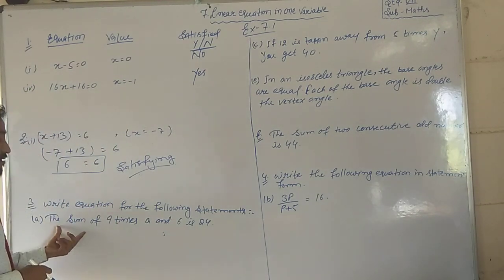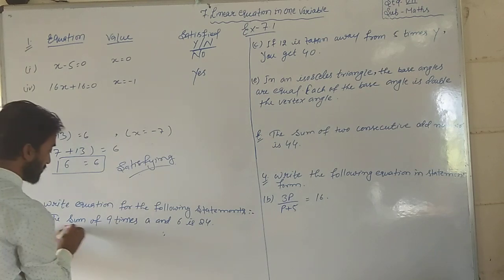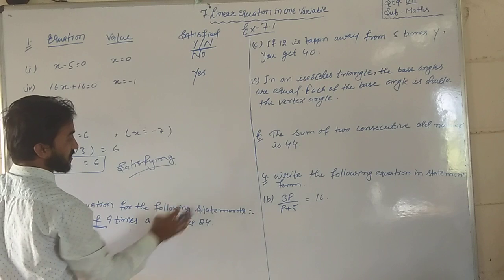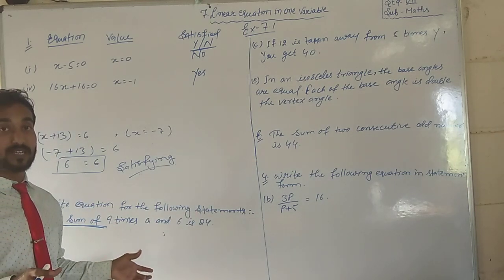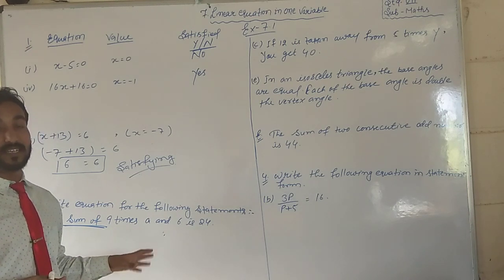See, the sum of 9 times 8. Students, what is sum of? Write equation for the following statements. To make an equation from a statement in linear equation is very important. In the same way, there is height and distance in trigonometry.